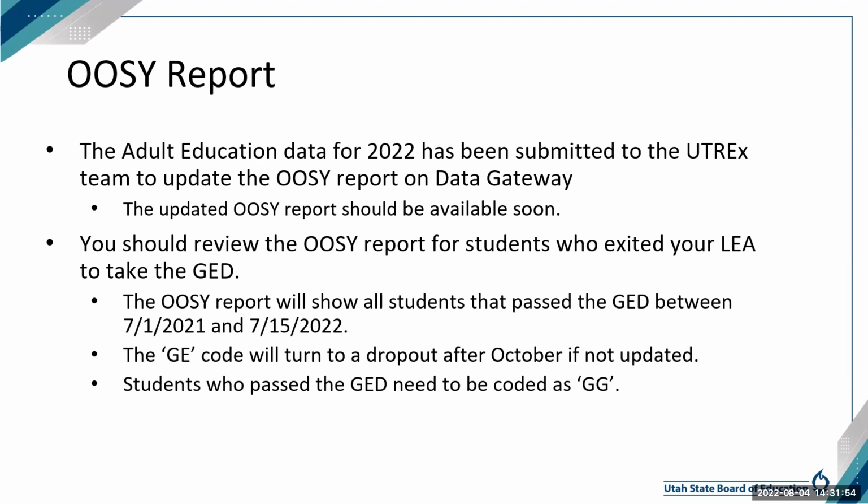It'll show all students that passed the GED between July 1st of 2021 and July 15th of 2022. The GE code will turn into a dropout after October if it doesn't get updated. And just make sure that you code students who pass the GED as a GEG. Next slide.